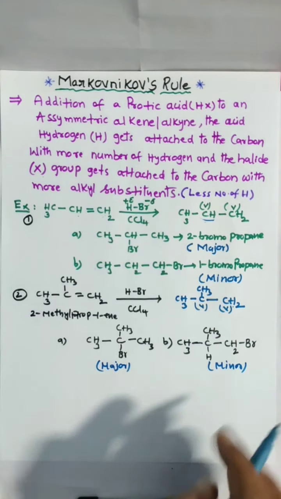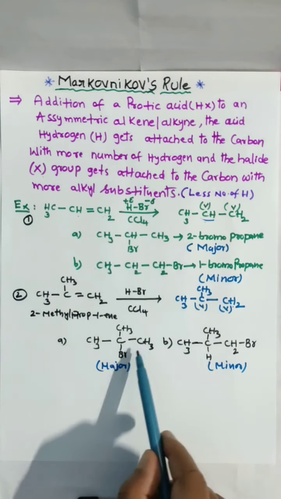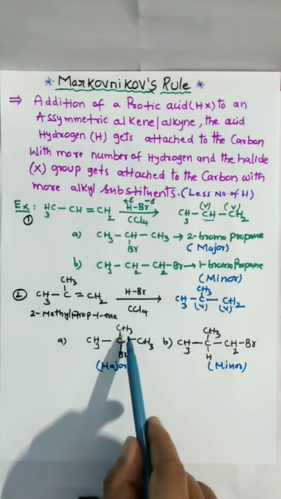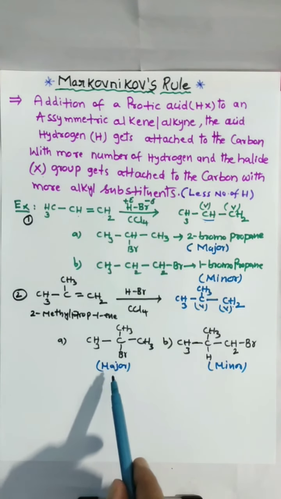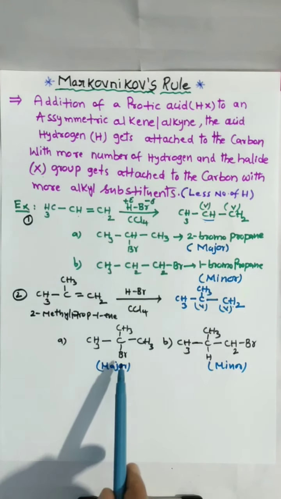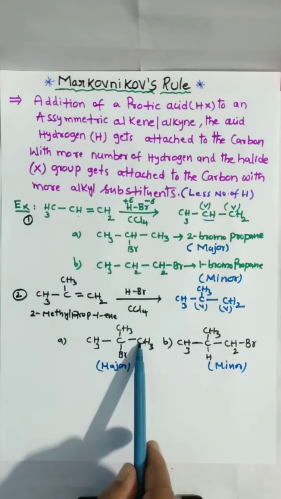I repeat, halogen attached carbon having more number of alkyl groups or substituents, that is the major. Here bromine attached carbon has 3 alkyl groups.